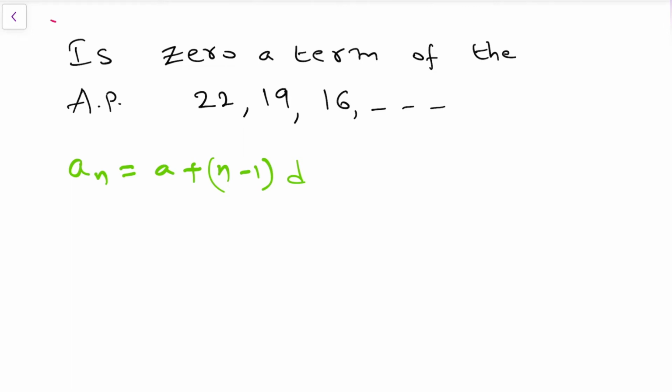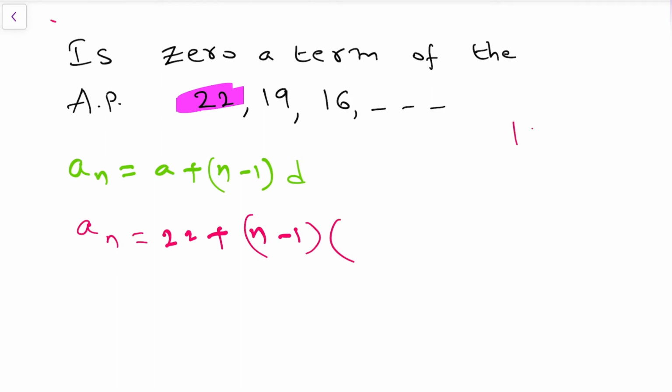So we don't know the n value, so keep it as an only. Equals a means first term. Here the first term is 22, plus n value we don't know, into d, common difference. So second term 19 minus first term 22, 19 minus 22, it is minus 3. So the common difference is minus 3.